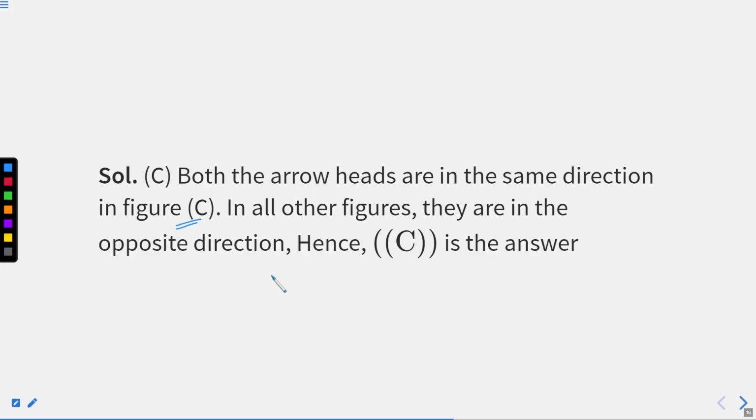Hence, the common characteristic that we are talking about is the direction of arrows, right? The arrows point in different directions in all 4 figures, that is A, B, D and E, but they are in the same direction in figure number C. Hence, this is our odd one out, different from the others. Hence, it is our answer figure.